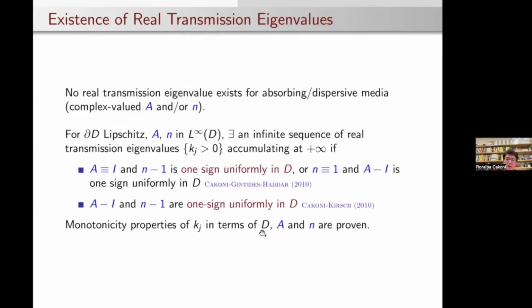Okay, so now I open up what I'm going to say in the last 10 minutes. If we can measure these transmission eigenvalues, and if we know that the media is non-absorbing and non-dispersive, then those eigenvalues can tell us some information about the coefficient.